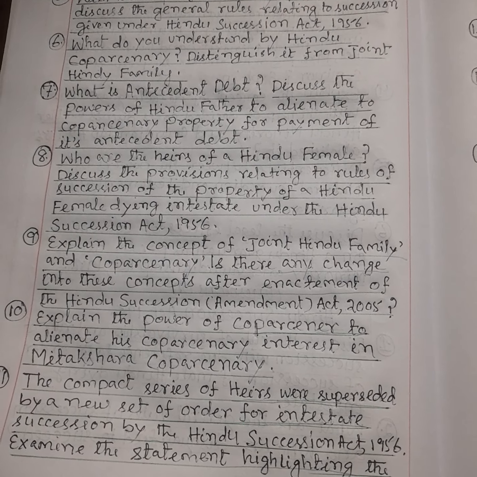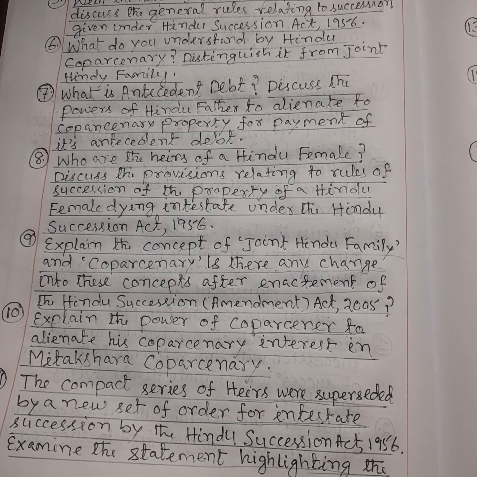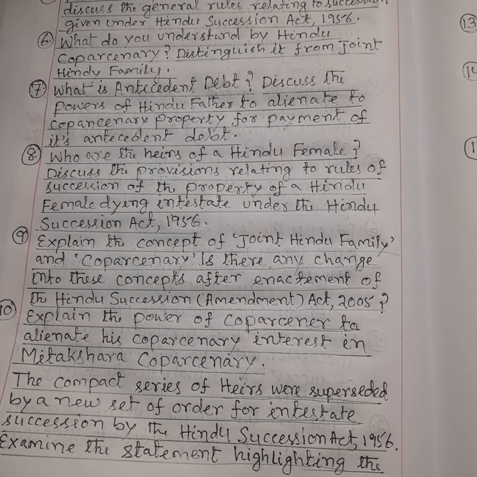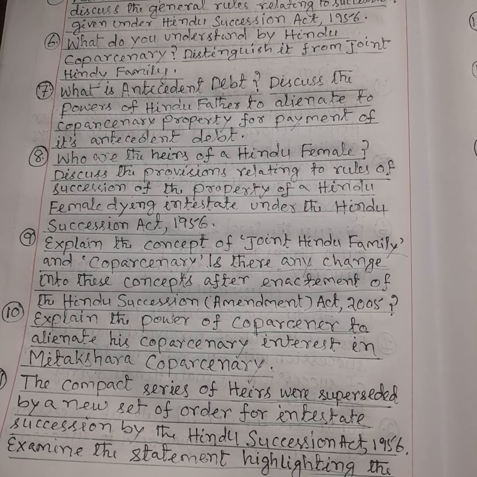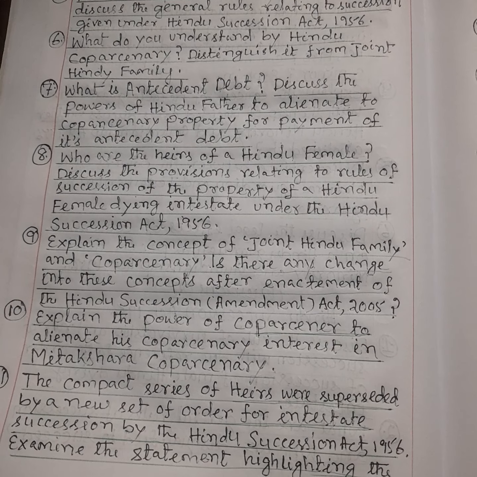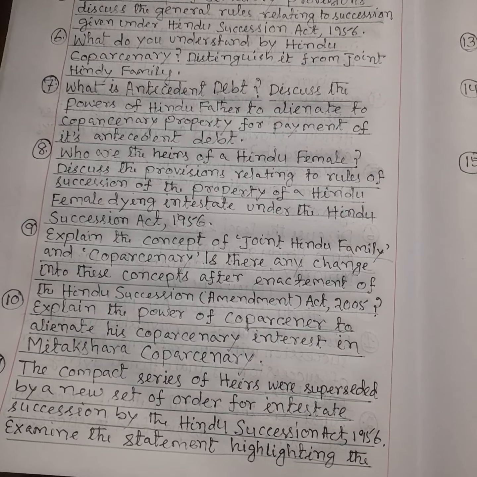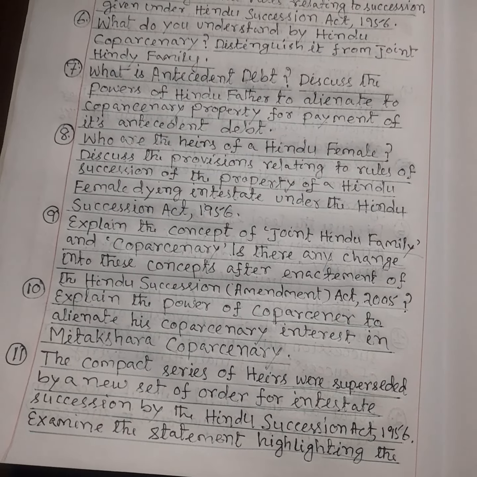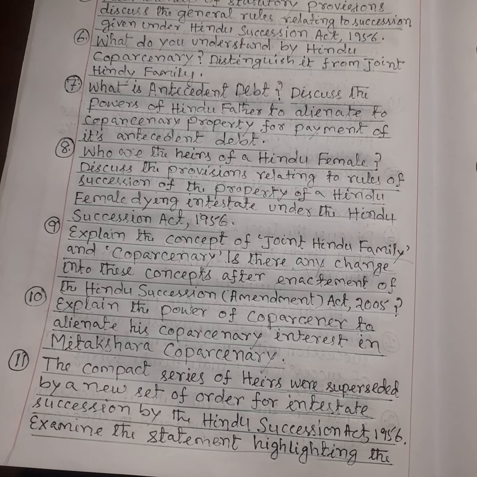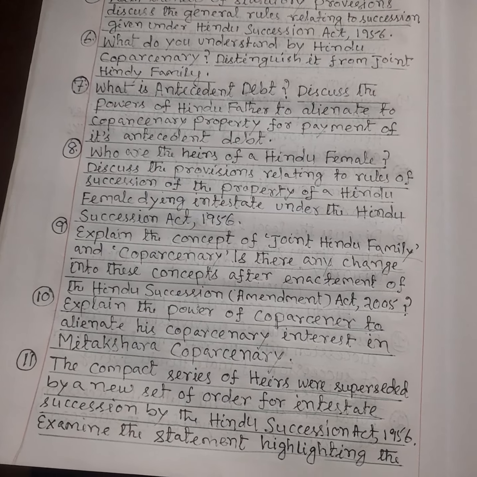So also, what is co-partionary property and who is a co-partioner, and also the very important amendment made in 2005 which brought a substantial change in the co-partionary nature of the property and the very share among the heirs.